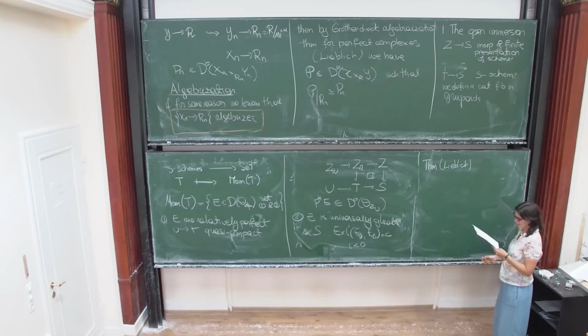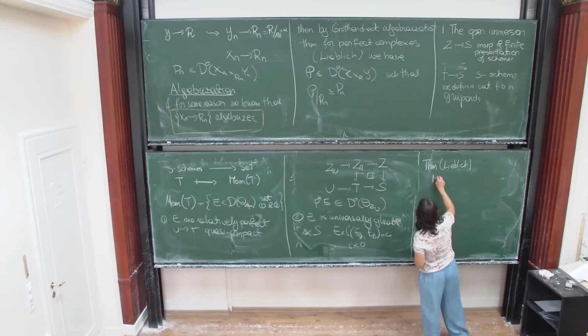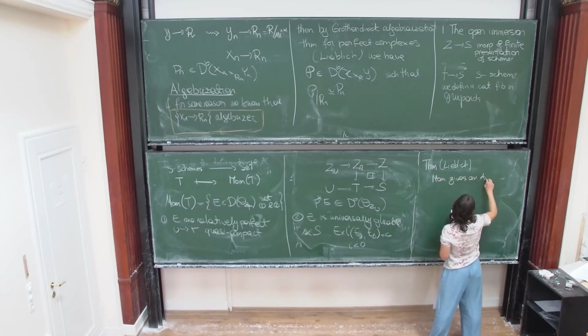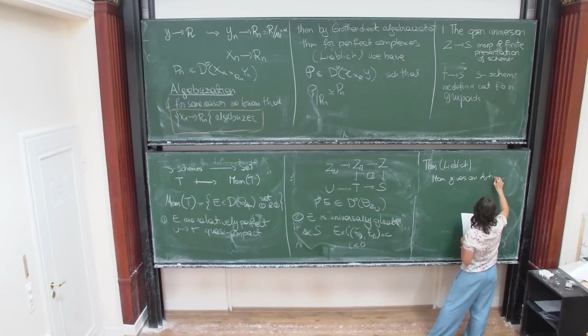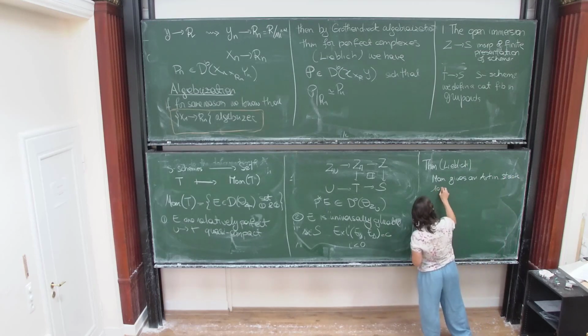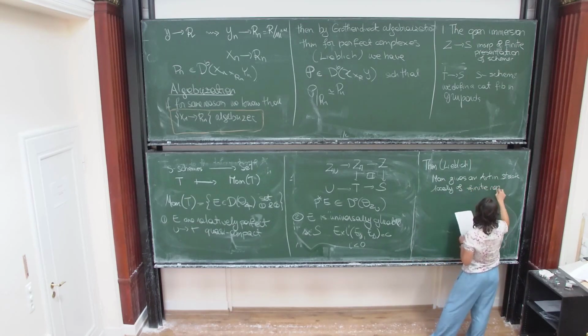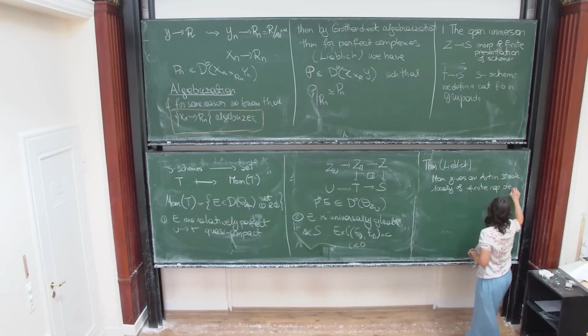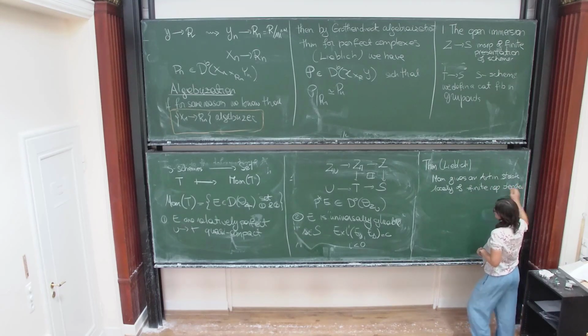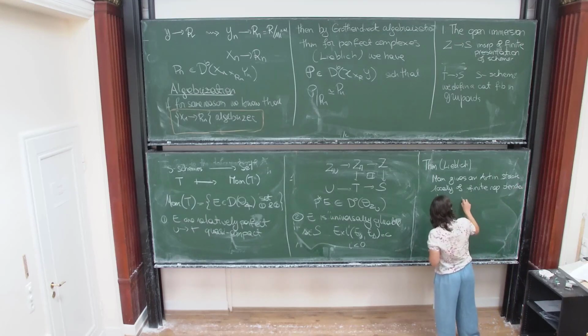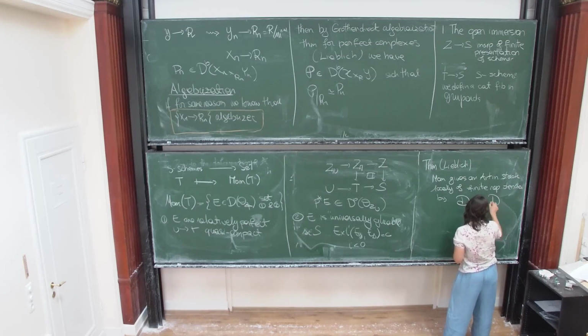Okay, so Lieblich says that Mom gives an Artin stack locally of finite representation, denoted by curly V, or V_S if S is not clear.